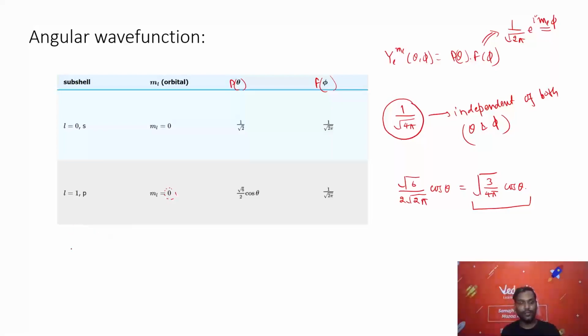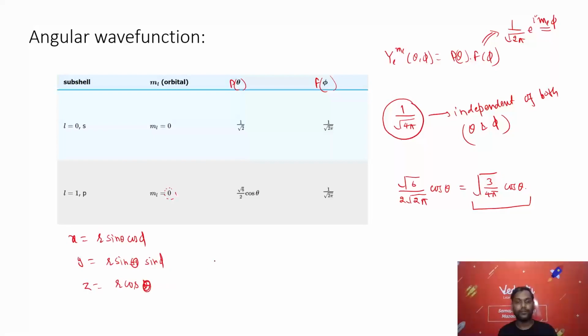Just let me write that one more time. x was r sine theta cos phi, y was r sine theta sine phi, and z was r cos theta.